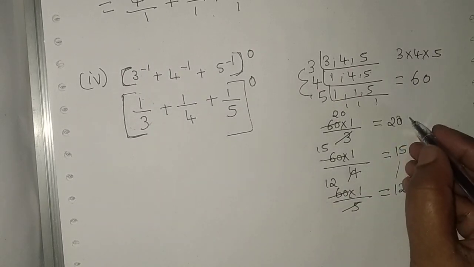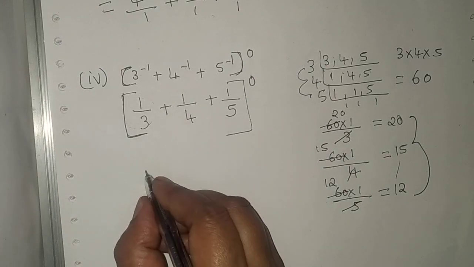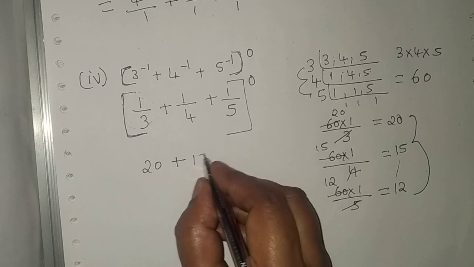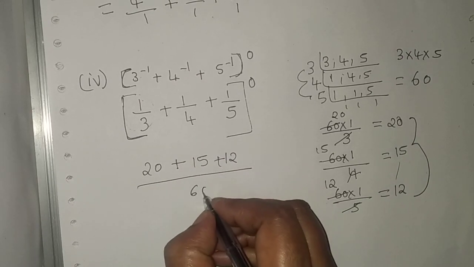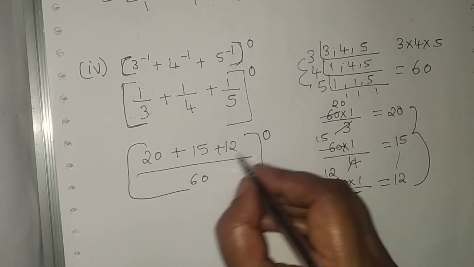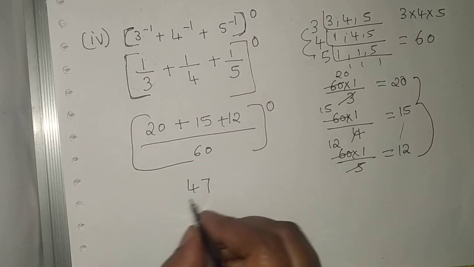So add all of these: 20 plus 15 plus 12, divided by 60, all to the power of 0. Now adding all the numerators, we get 47.